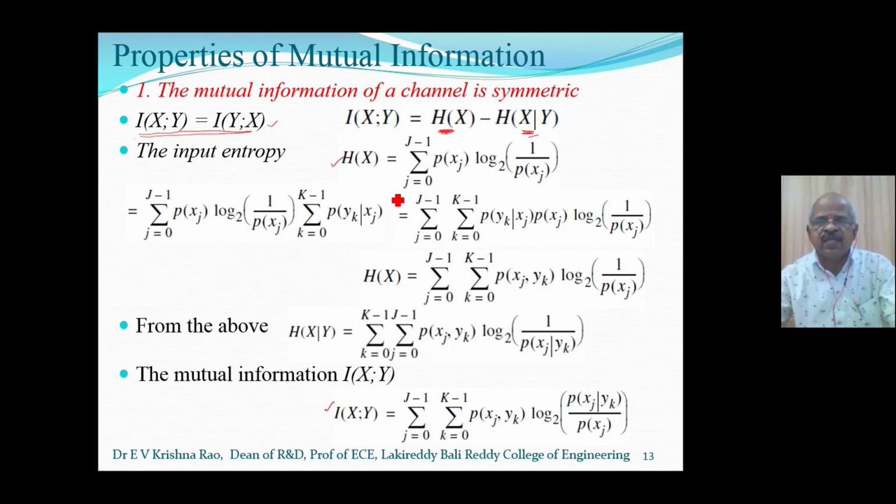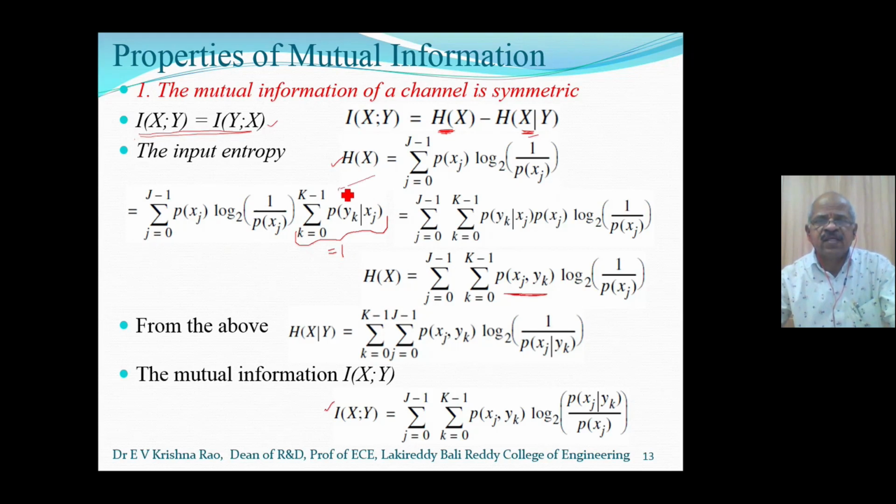Simplifying, we express H(x) in terms of joint probability, just by multiplying by the sum of all the transition probabilities for all k, which is equal to 1. Multiplying by 1 makes no change in value.